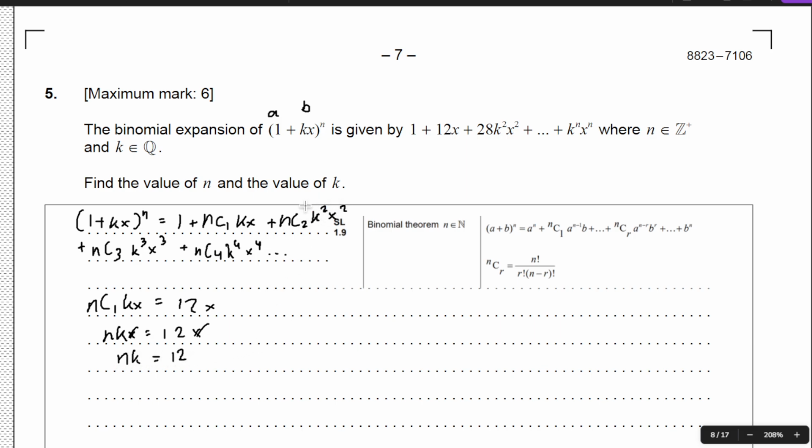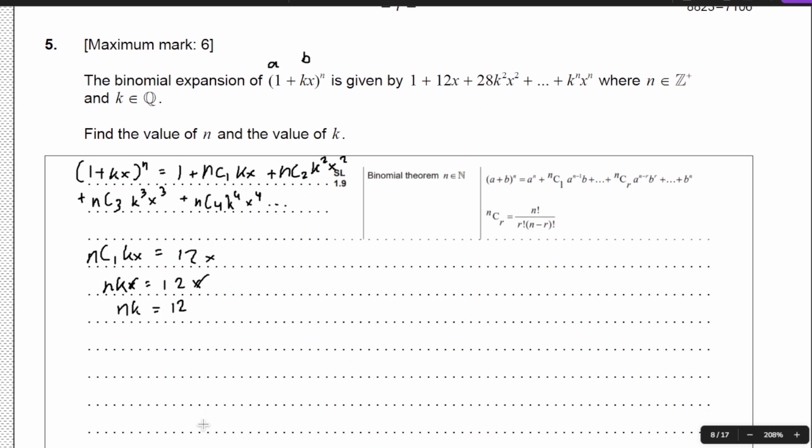Next, we are going to compare nC2 k²x² with 28k²x². So nC2 k²x² is equal to 28k²x². Now we can just cancel this out and we would be left with nC2 equals 28.